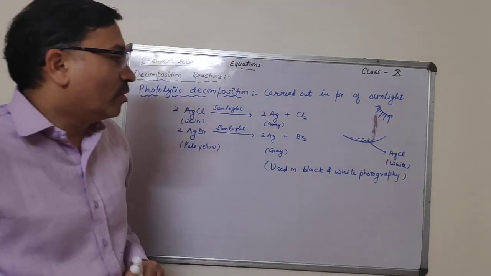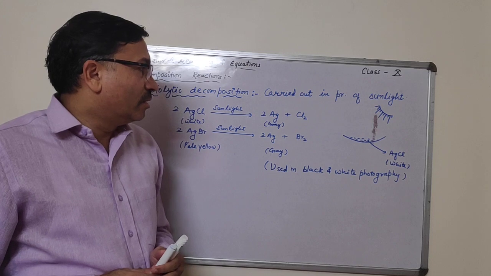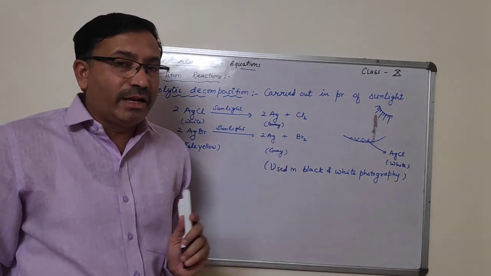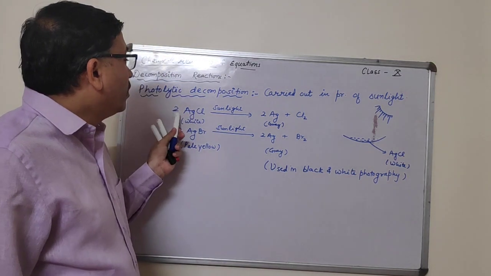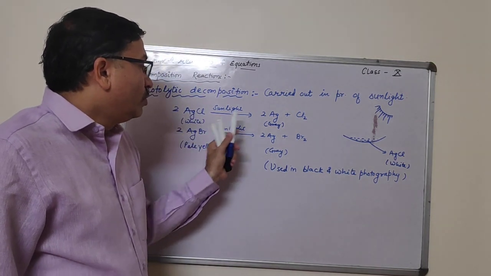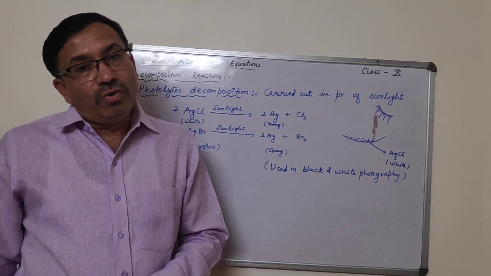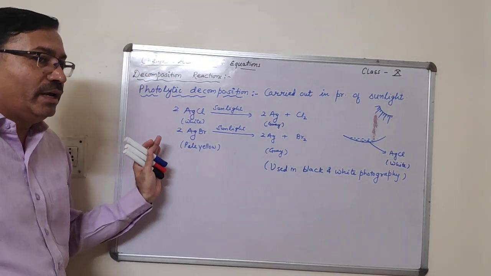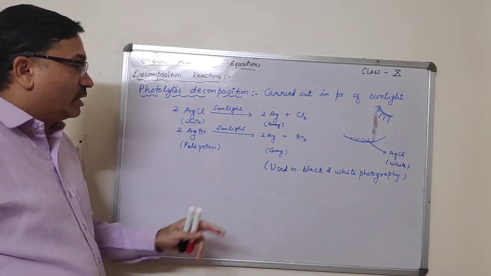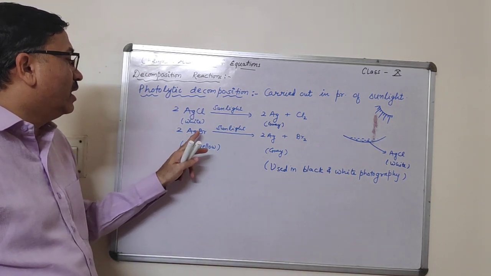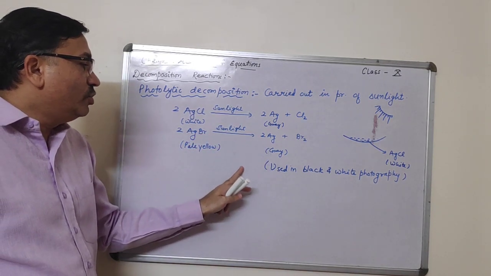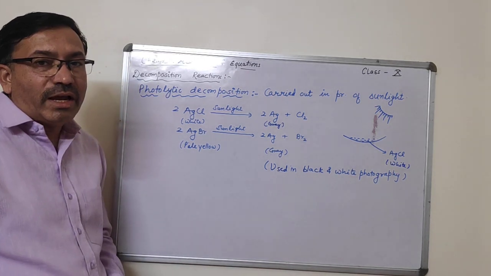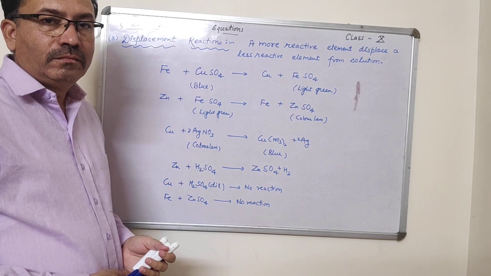Silver chloride is white in color, and after 15 to 20 minutes it turns grey. It means silver chloride decomposes to give silver and chlorine. So this is an example of a photolytic decomposition reaction. And particularly this reaction of AgBr is used in black and white photography.